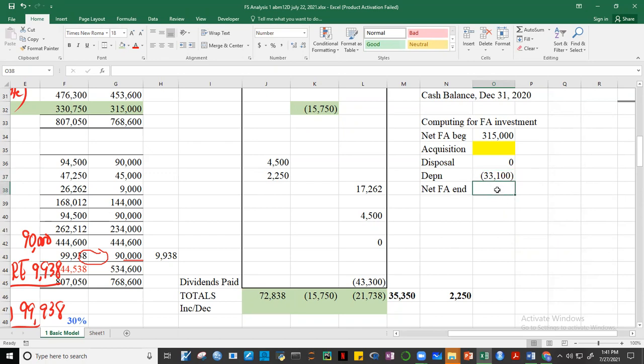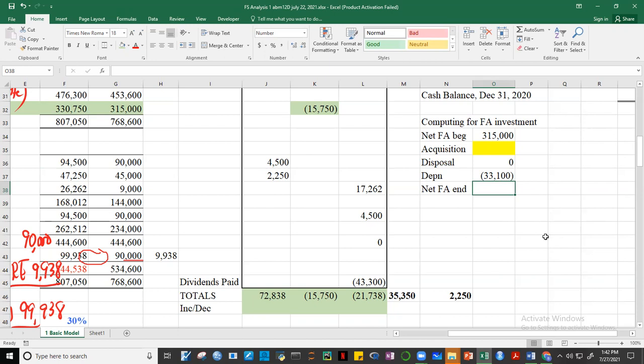Okay, what will be my formula here, guys? What will be my formula there? Kasi ang net fixed assets natin, ending, will be beginning plus acquisition minus disposal minus depreciation. The result will be net fixed assets end.